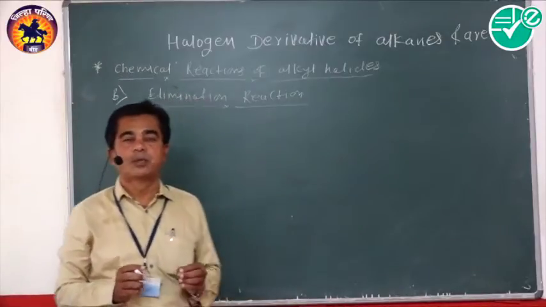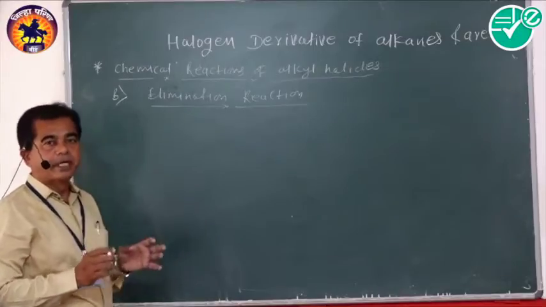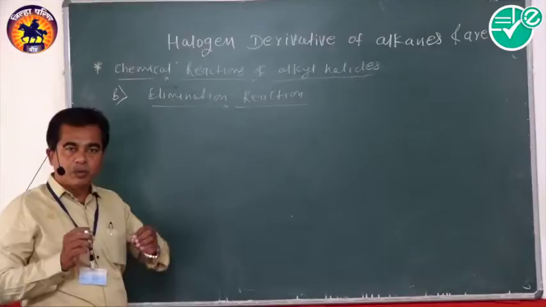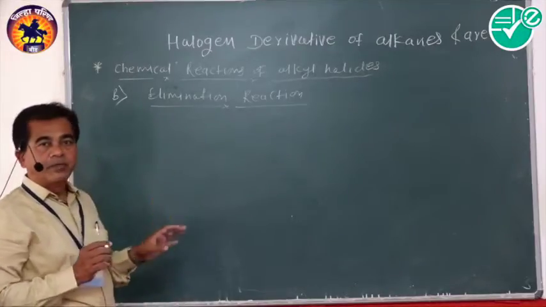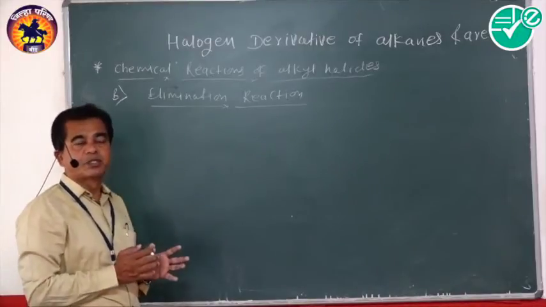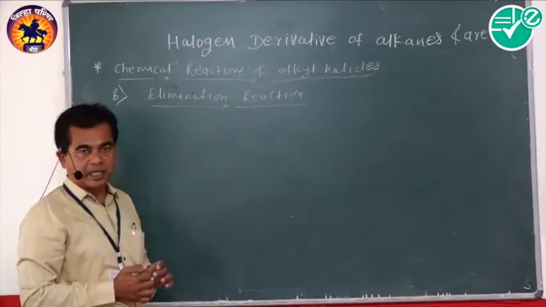In the first, substitution reaction, we studied different types of reactions. Now, elimination reaction. In this case, we study the reaction where adjacent atoms are eliminated from the alkyl halide to give alkenes.